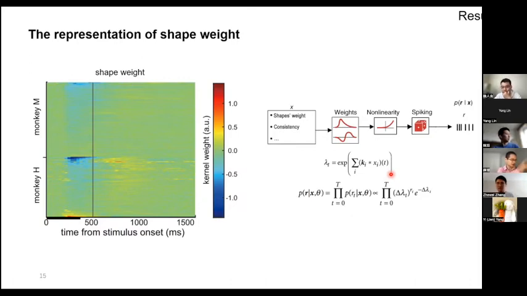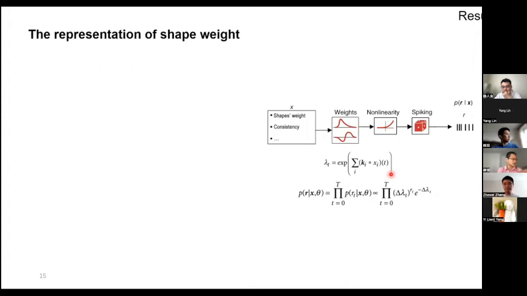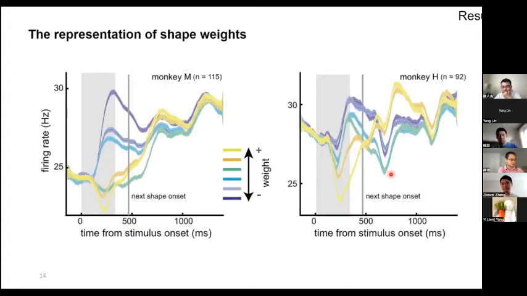And also in the last slide of the neuronal data, we see again that monkey H seems to have a different response in LIP to the representation of the shape and its associated weights. Can you comment on how these differences map onto the model?